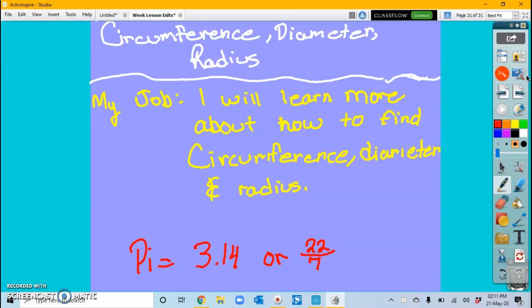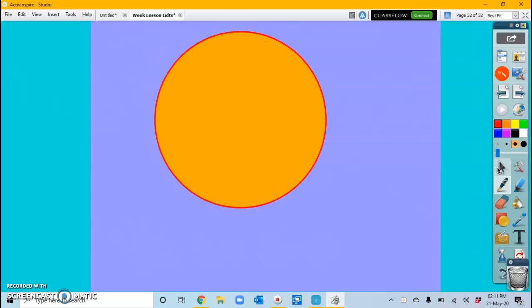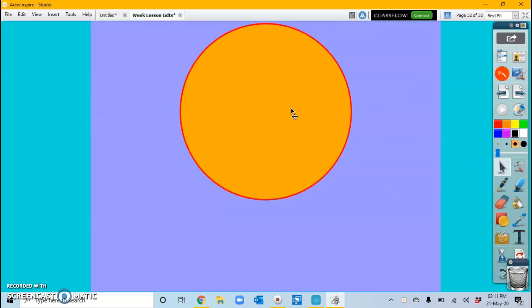Now, let's start. We are going to use a circle, since that's always what we use. I'll put my circle here, not that big. And then we're going to make a line.